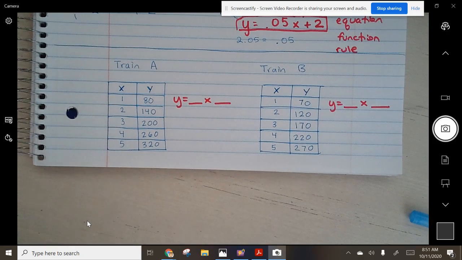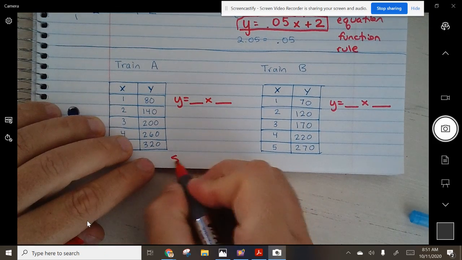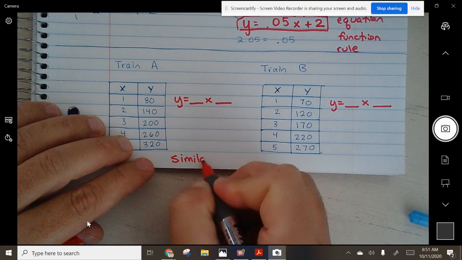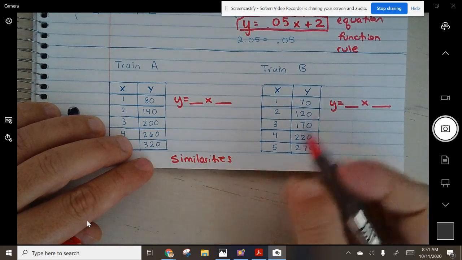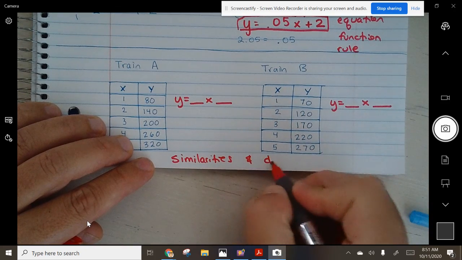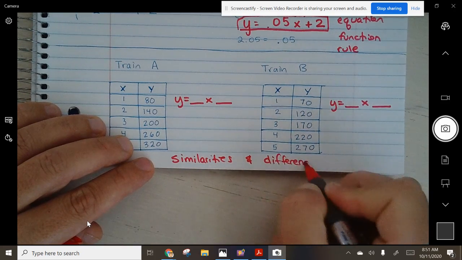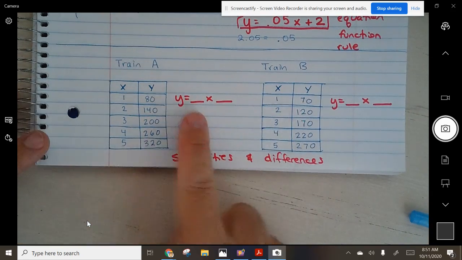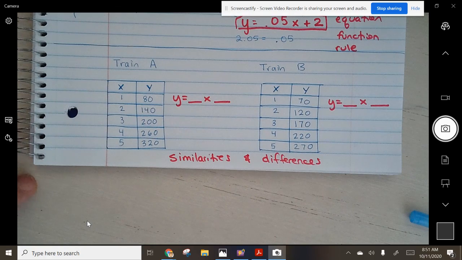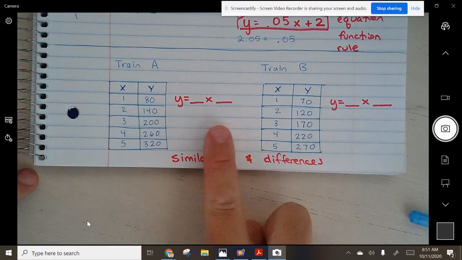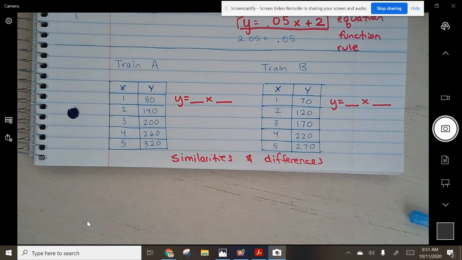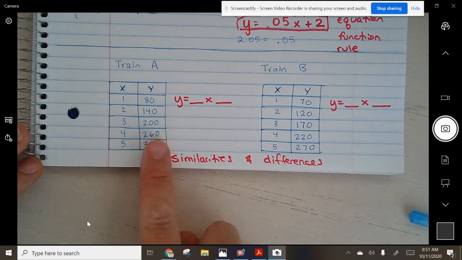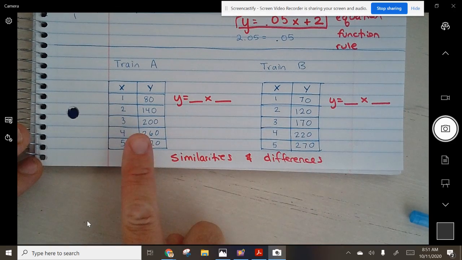I want to know, I'm going to use the words, language arts, I want to know the similarities between these and the differences. So if they have something in common, I want to know what they have in common. If they have something different, I want to know what's different. But in order to do that, you must solve both of these tables, okay?